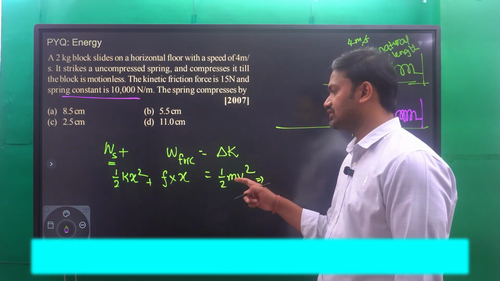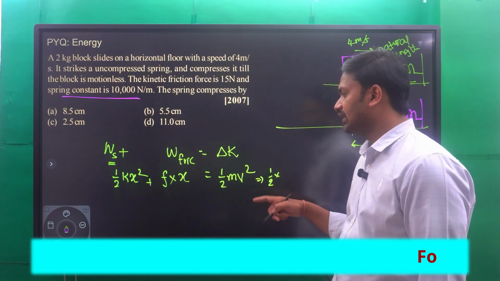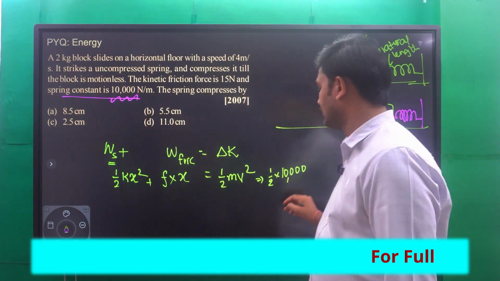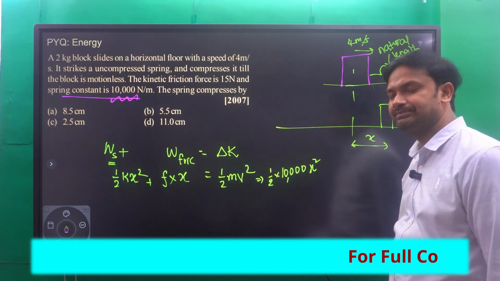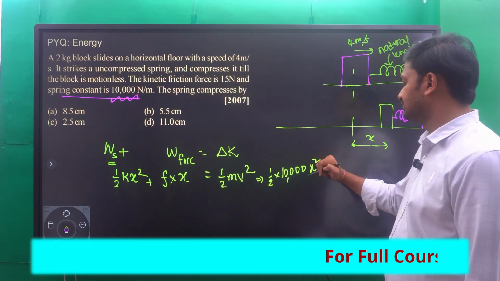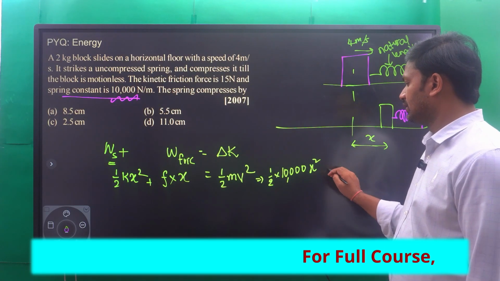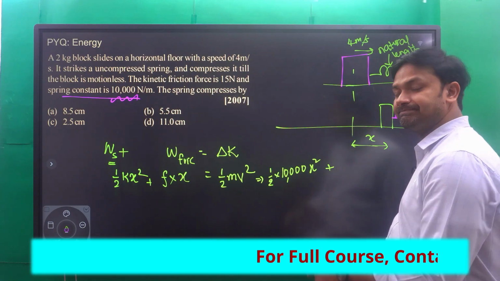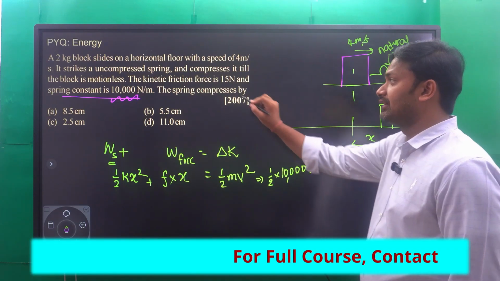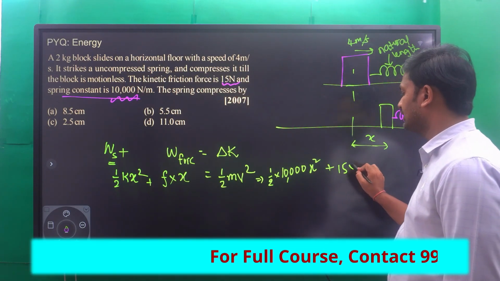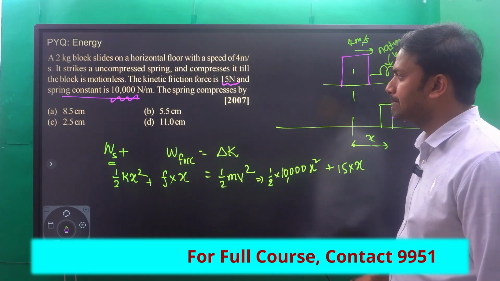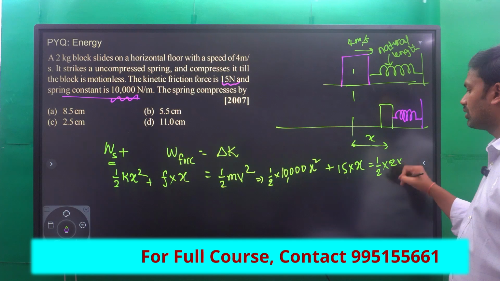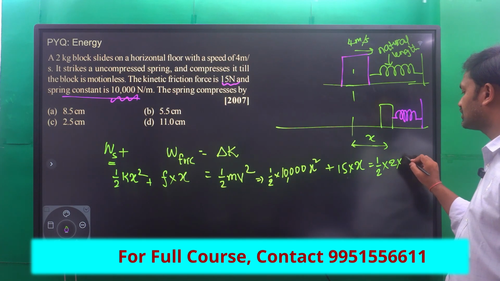Okay, let us substitute the values. Half into k value is 10,000 into x square plus F, frictional force is 15 newtons into x is equal to half into mass is 2 kg block into velocity is 4 square.